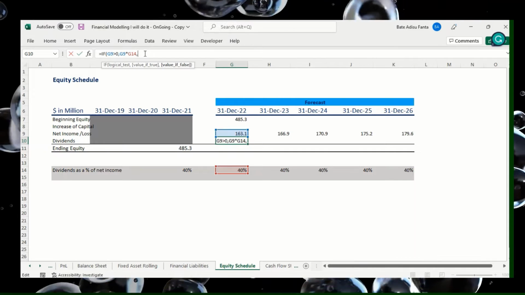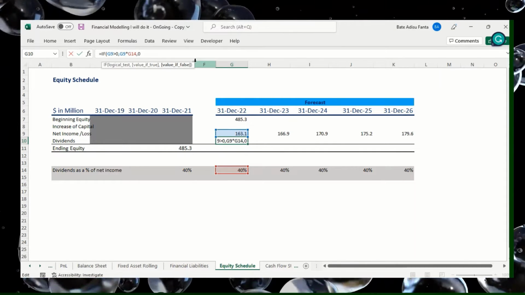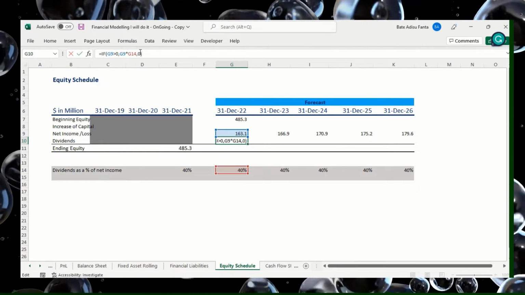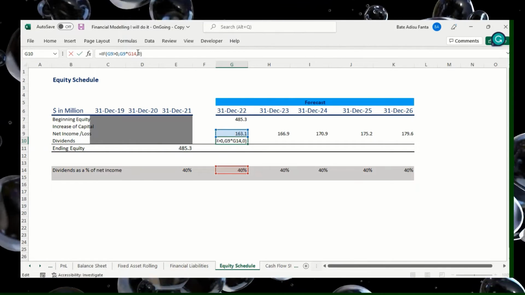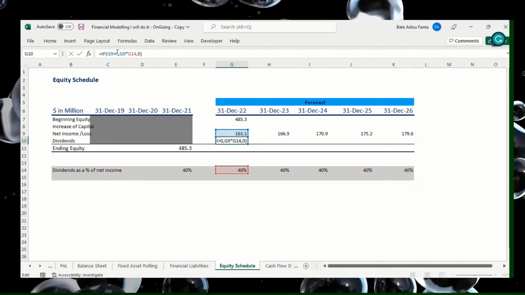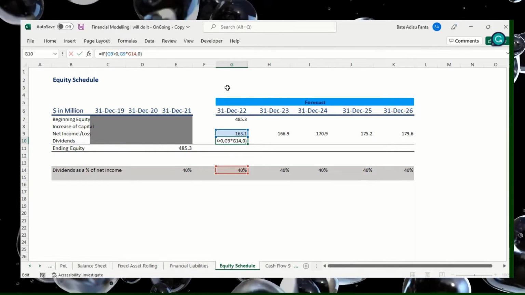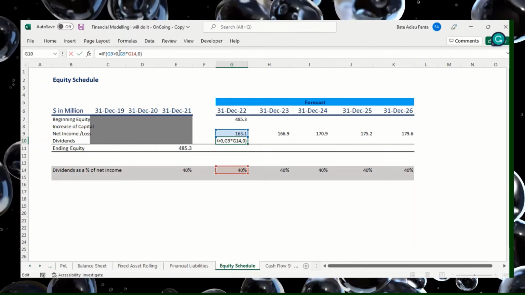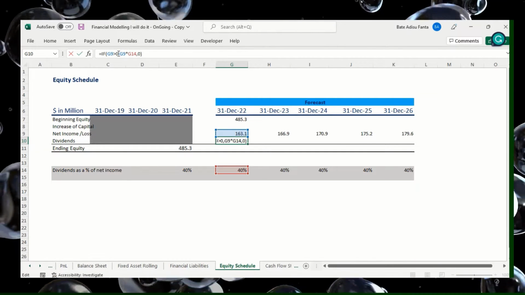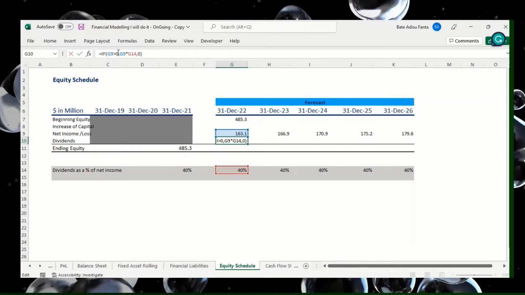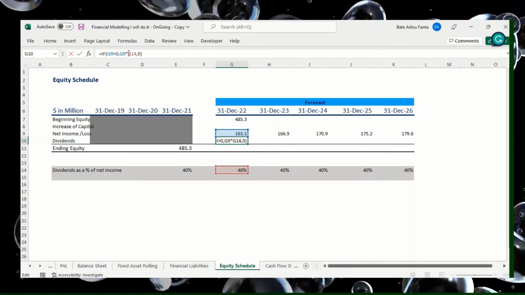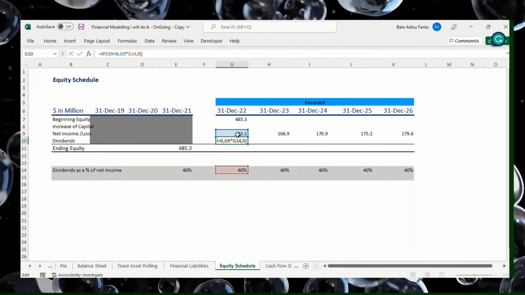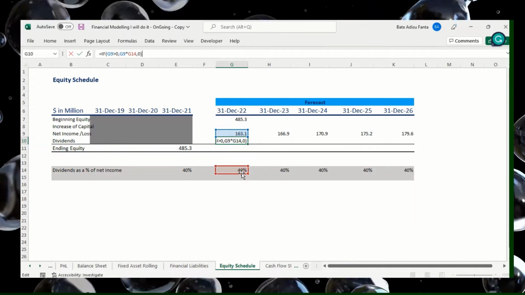If not, there will be no dividend. That means it will show us 0. That means if it comes to a net loss, dividend will be 0. If the net income is greater than 0, then the dividend will be the multiplication of net income by the dividend rate.